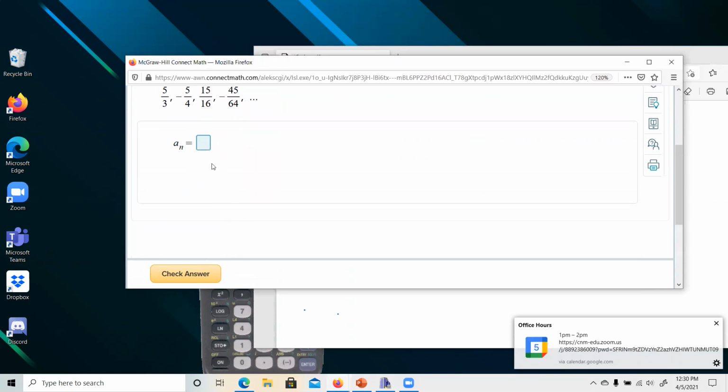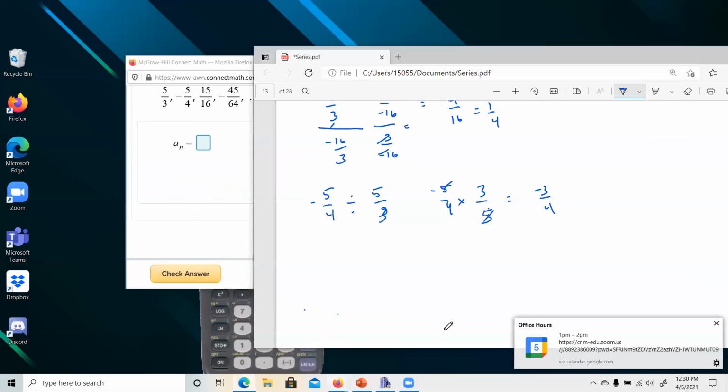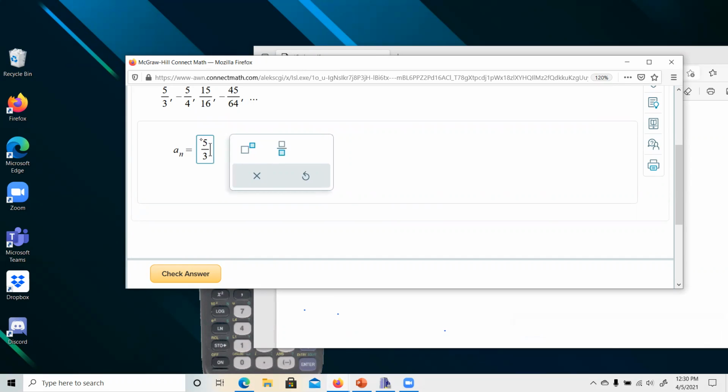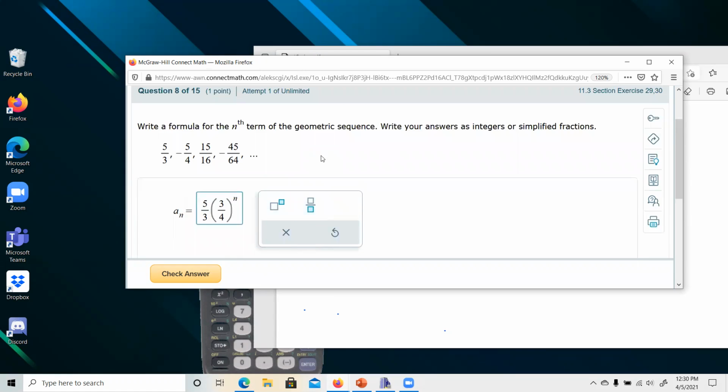So in this case, it looks like we have 5/3. This one is a little bit nicer because there's no common terms here. Oh, yes, there is. There's still a 3/4, to the n. Now, for this one, I would really not want to combine these two because then I've got a 3 to the n minus 1, but a 4 to the n. And if they want it written like that, oof.